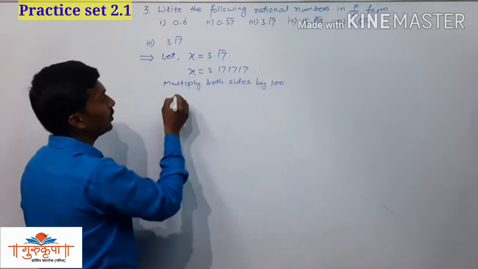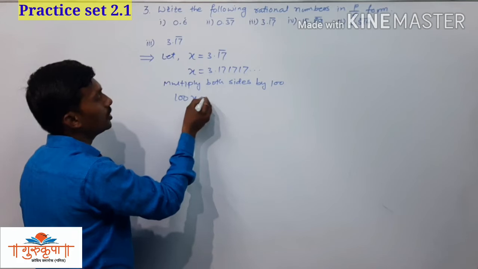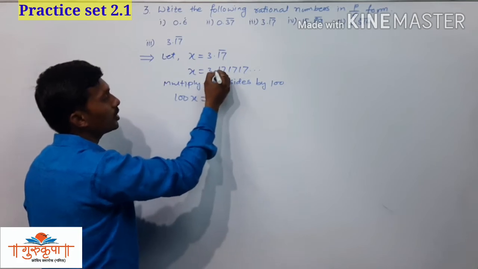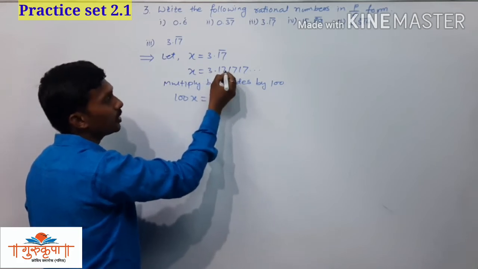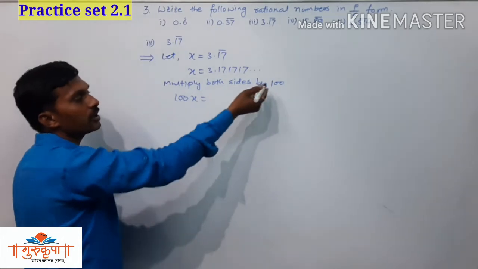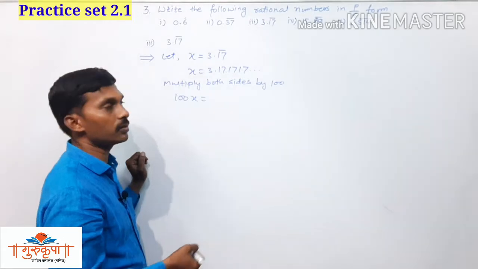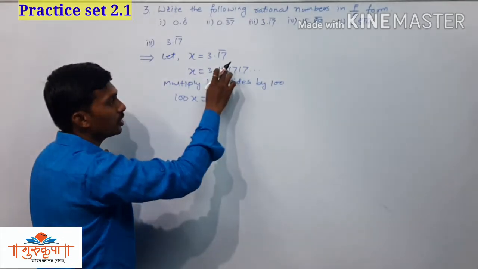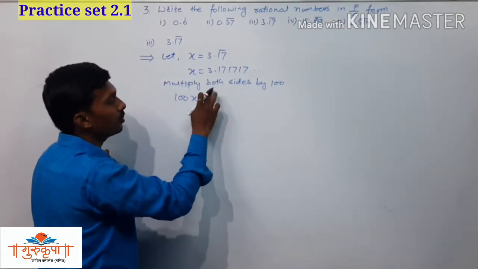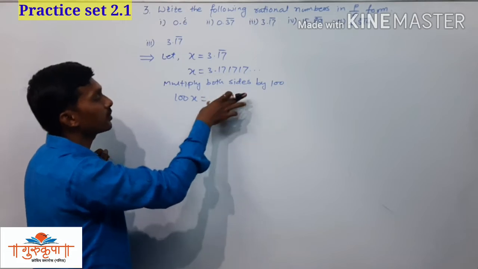So here we will get 100x is equal to, here this decimal sign will be between 7 and 1 after 2 digits, since we multiplied by 100, and 100 includes 2 zeros. So here the multiplication gives 317 point recurring 17.